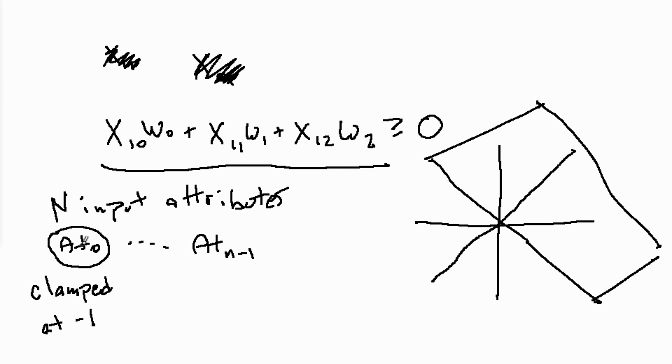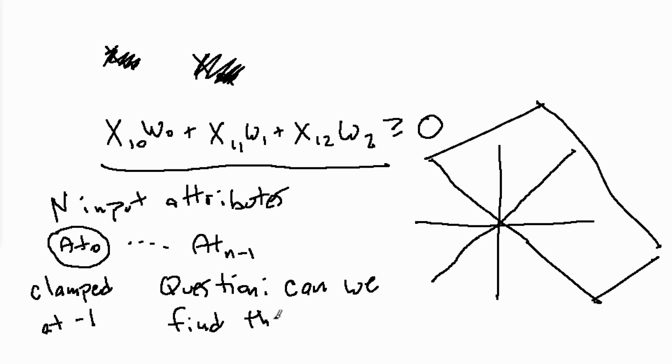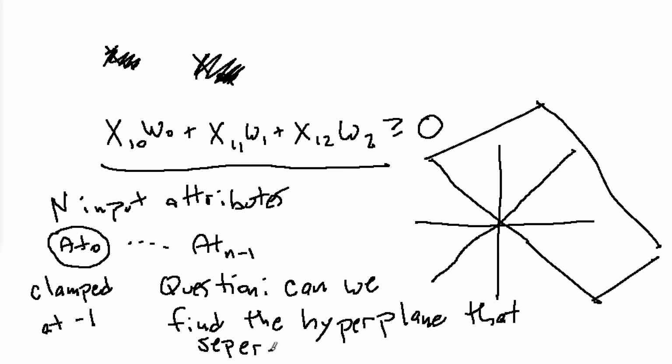Okay, that actually corresponds to our threshold. So the question is, can we find the hyperplane that separates positive from negative examples?